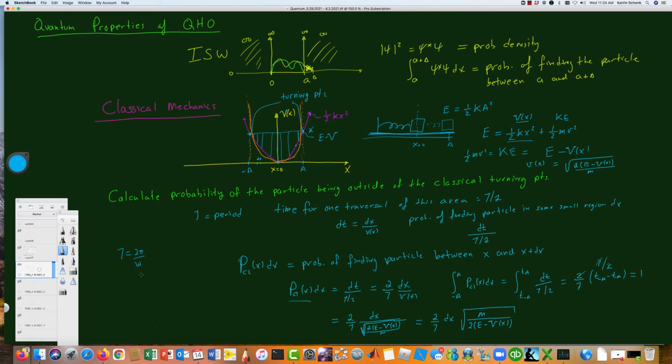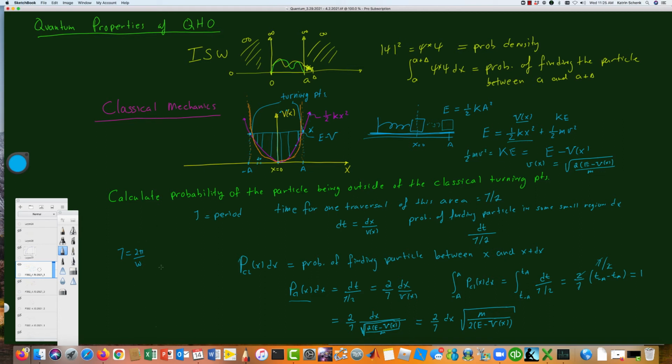Remember, omega is the angular frequency, so the period is 2 pi over omega. Omega is in radians per second, so the second would come up here and the radians would cancel out, and you just get seconds.